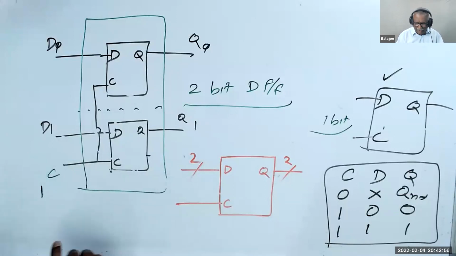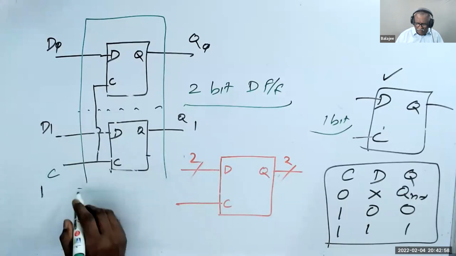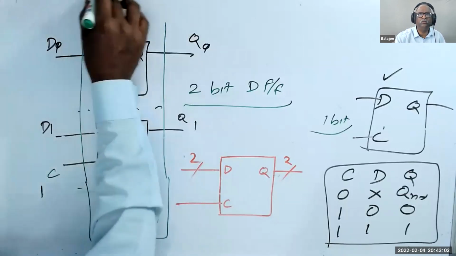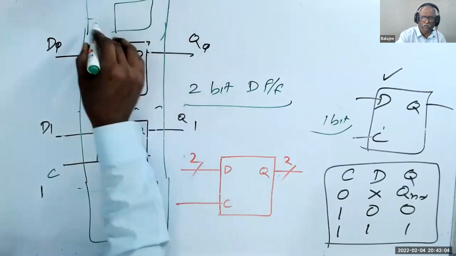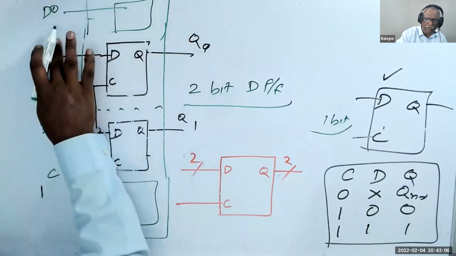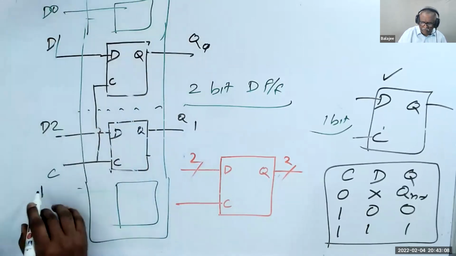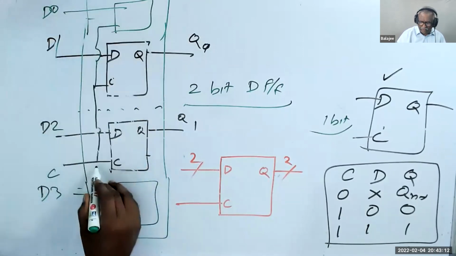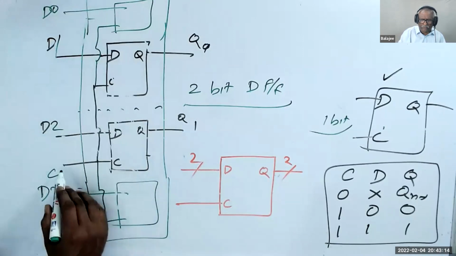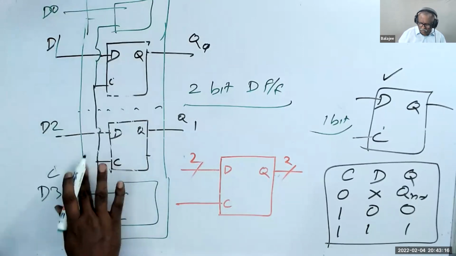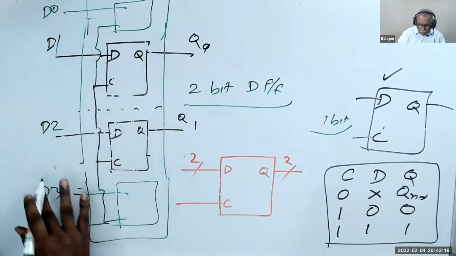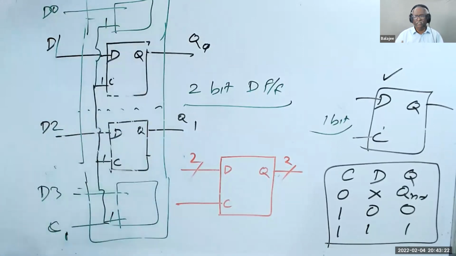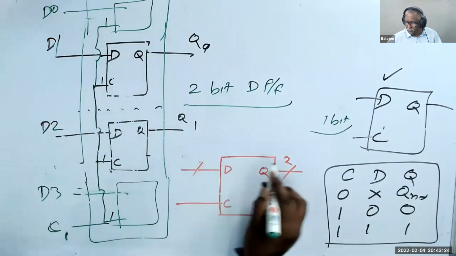Now, if we add 4 inside, D0, D1, D2, D3, all the C are connected. Only one C, not multiple C's. When C is 1, all become 1. And this is called 4-bit.